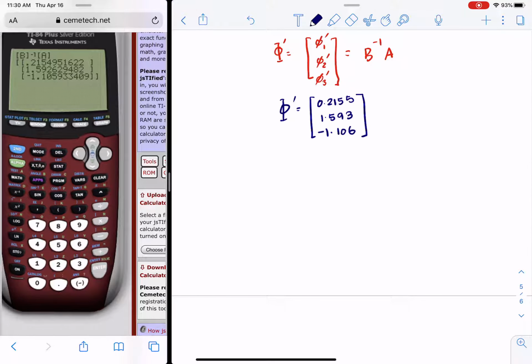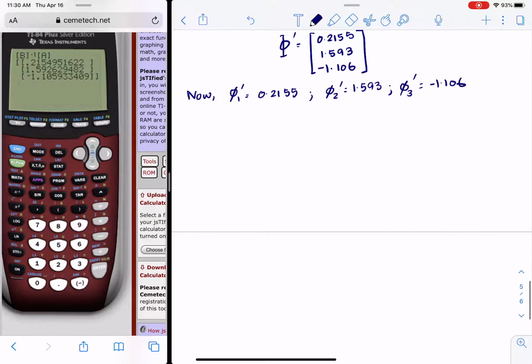So what we know here is phi 1 prime is 0.2155, phi 2 prime is 1.593, phi 3 prime is negative 1.106. And keep in mind, we are trying to find the model parameters for the original model, which is ARMA 2-1.